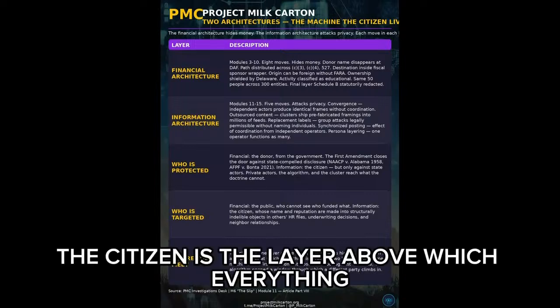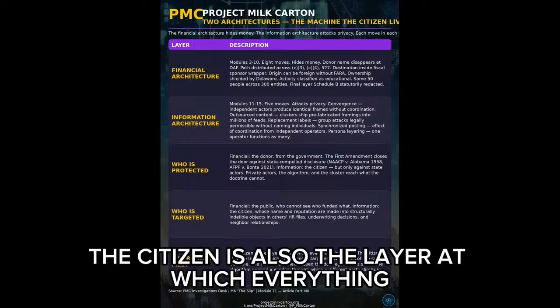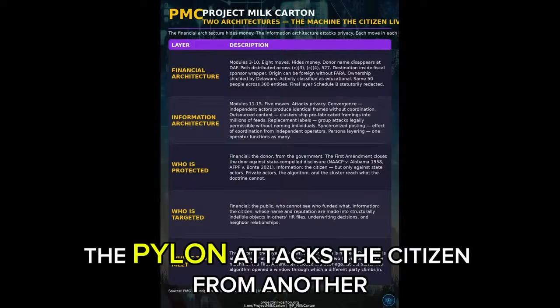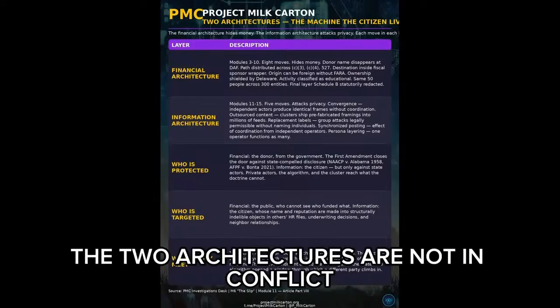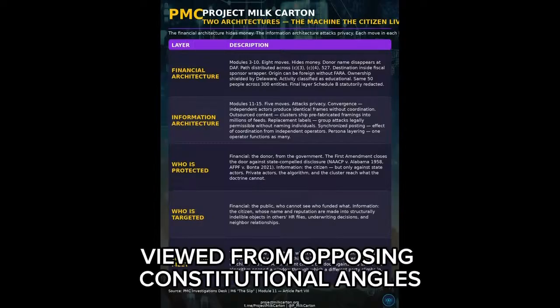The citizen is the layer above which everything is hidden. The citizen is also the layer at which everything is targeted. The vault protects the citizen from one direction. The pylon attacks the citizen from another. The two architectures are not in conflict. They are the two halves of the same machine, viewed from opposing constitutional angles.